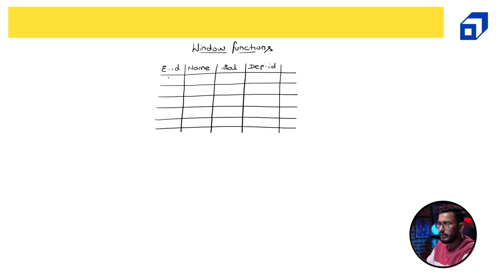So here I'm having 01, 02, 03, 04, 05. So we have 5 employees, and I'm taking some sample names AA, BA, CK, DM, NK. Random salaries 10, 12, 11, 15, 10. Random departments D1, D2, D1, D2, D3.